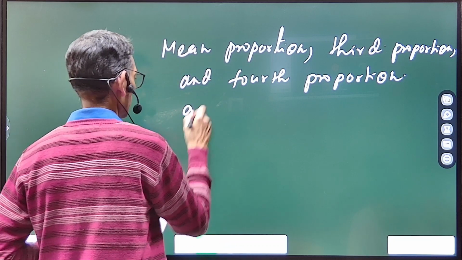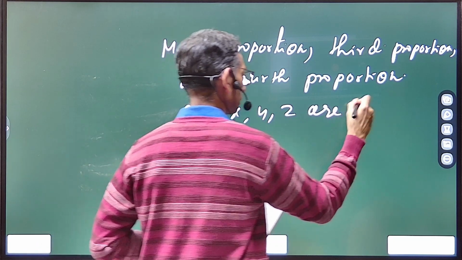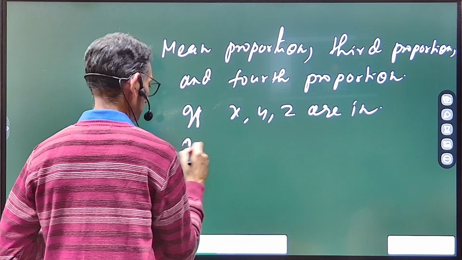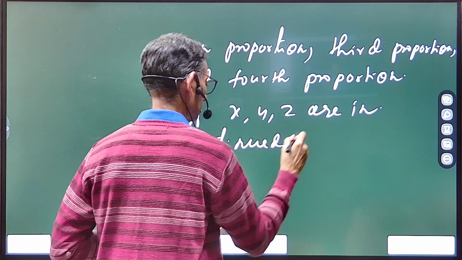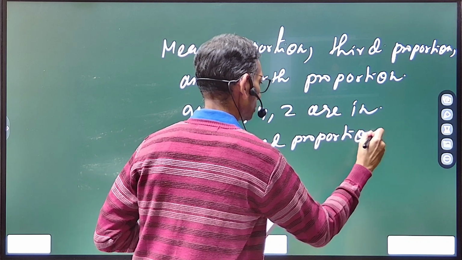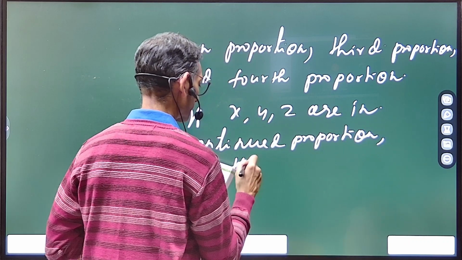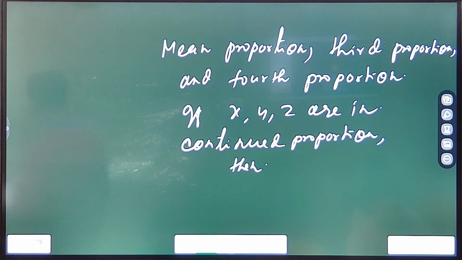If X, Y, Z are in continued proportion, how to write it? How do we write the ratio?